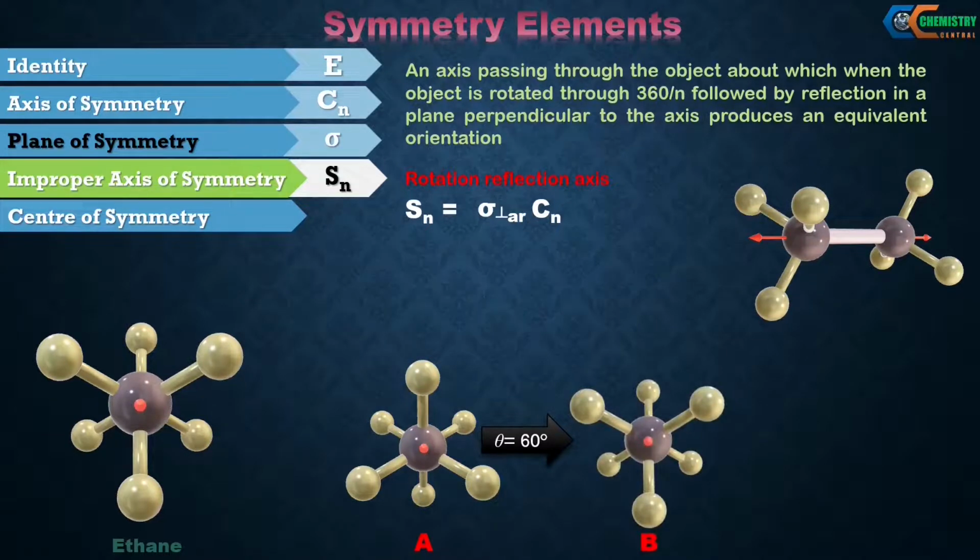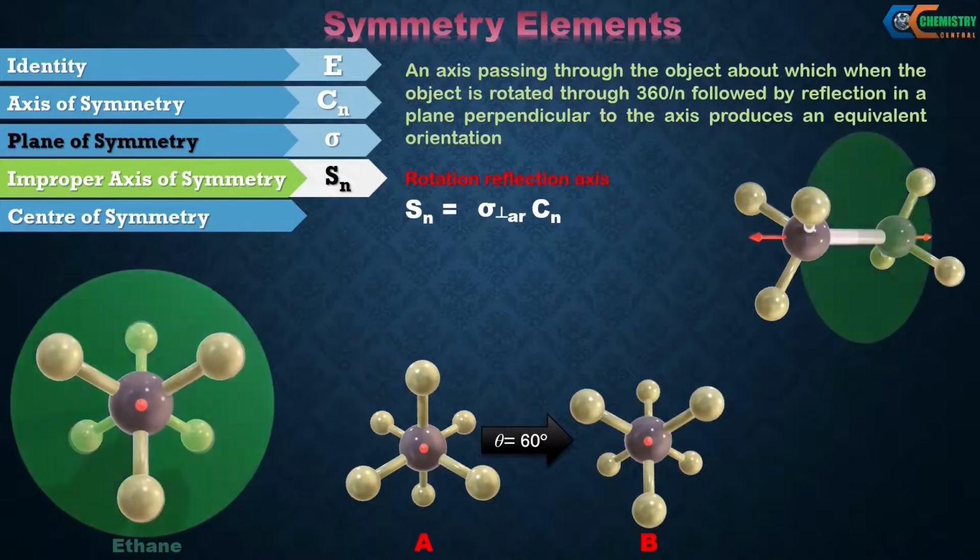Now, if we reflect this molecule through a plane passing through the center of the molecule perpendicular to the principal axis, or the axis of rotation, each half of the molecule will reflect to the other's position.